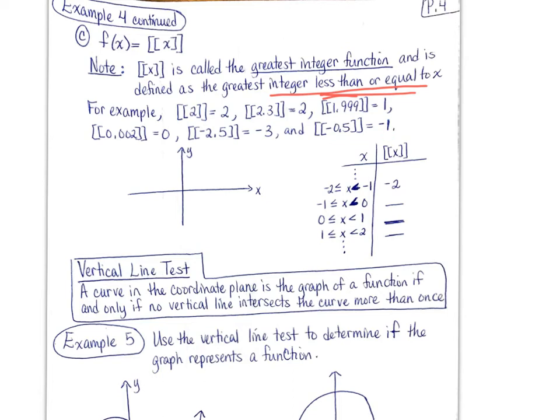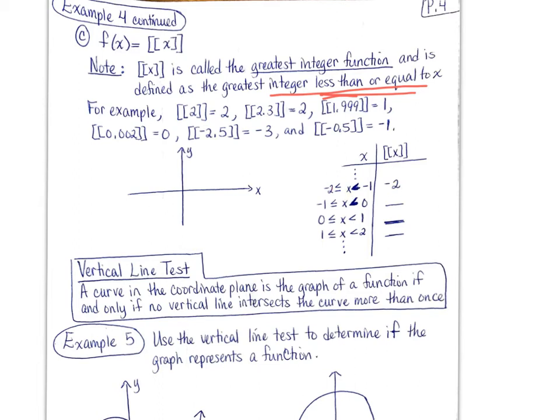So we're going to graph this by, first, let's recognize some things over here. When x is greater than or equal to negative 2, but strictly less than negative 1, the greatest integer less than or equal to x would be negative 2.